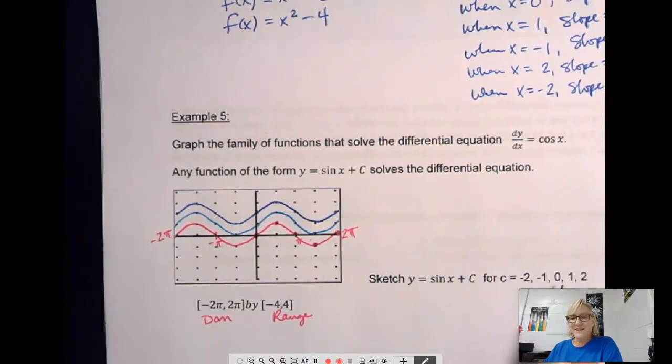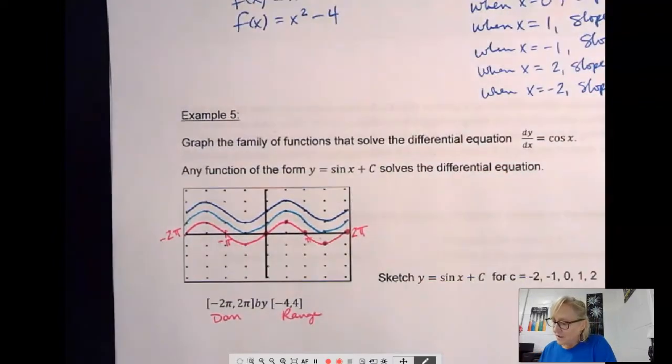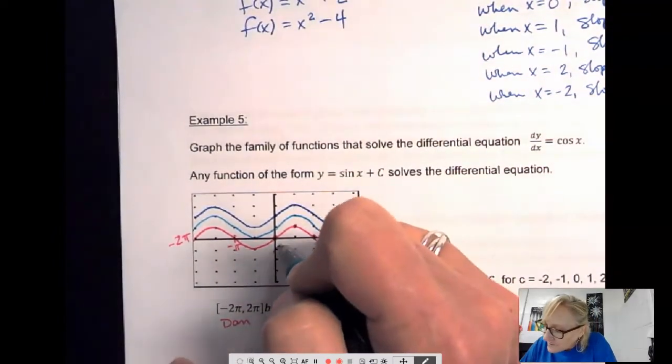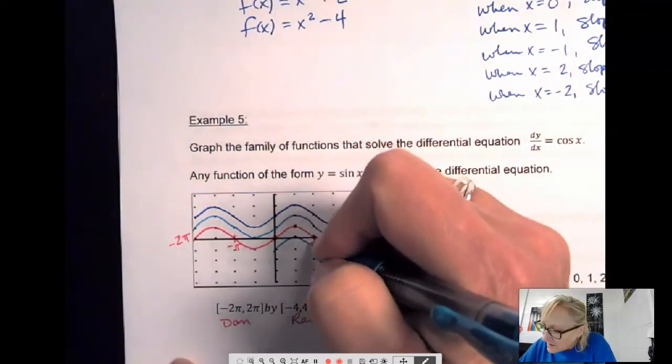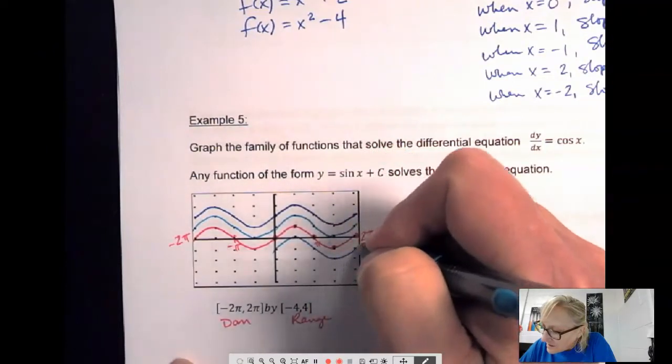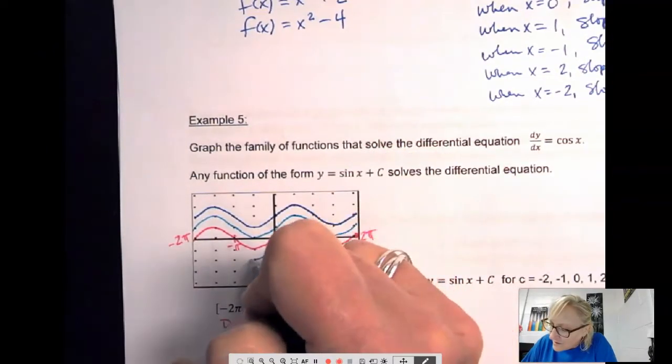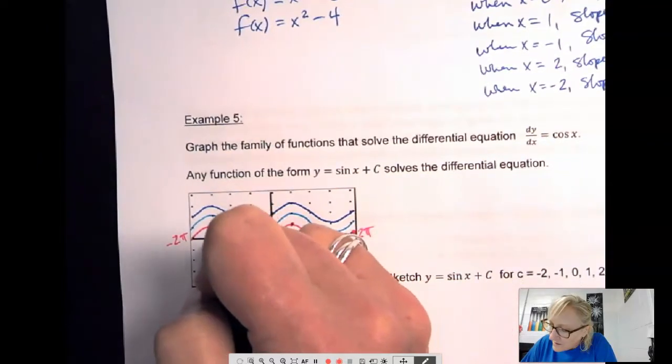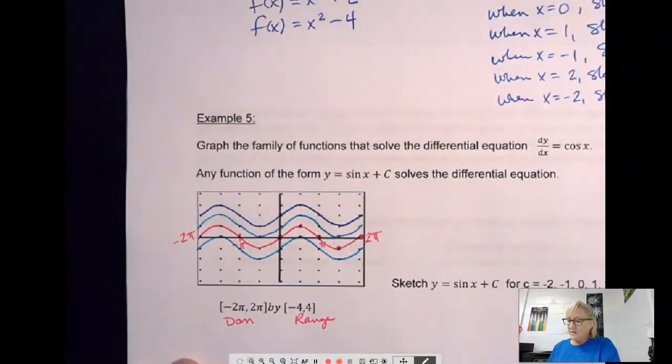So that's for c equals 0, 1, and 2. So let's do c equals negative 1. I'm going to shift down 1. So that's for c equals negative 1.